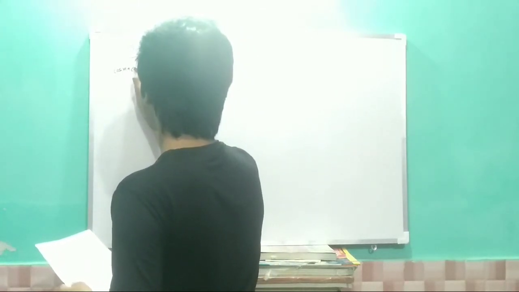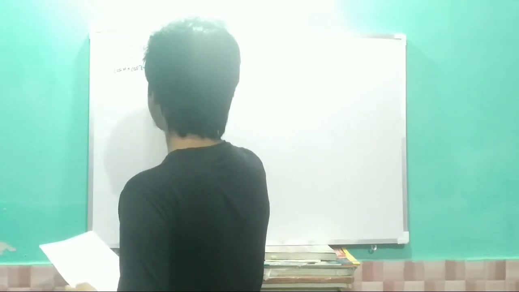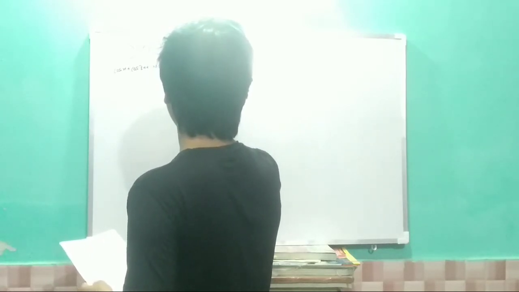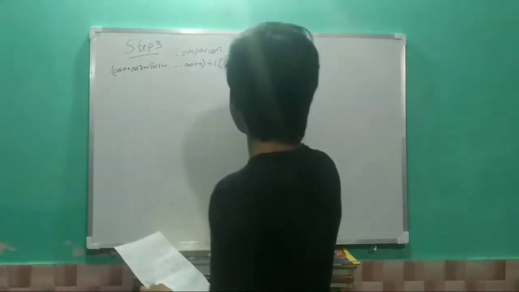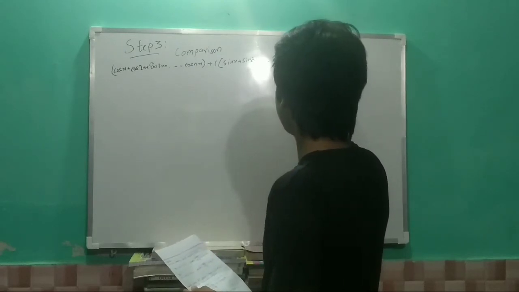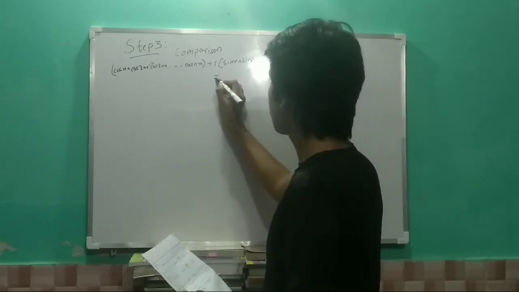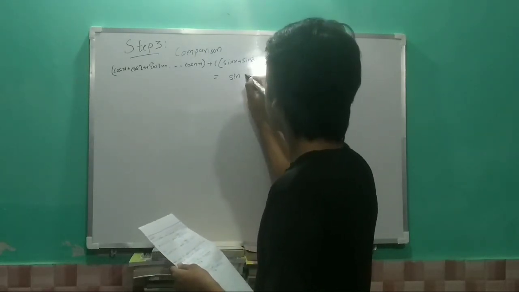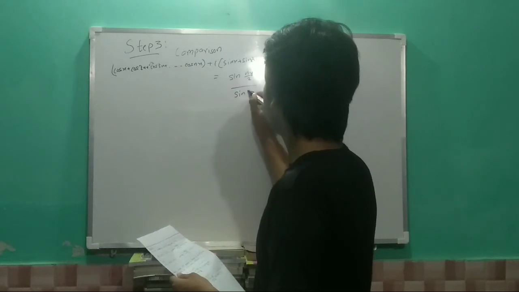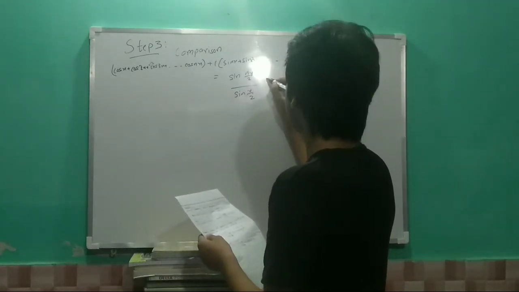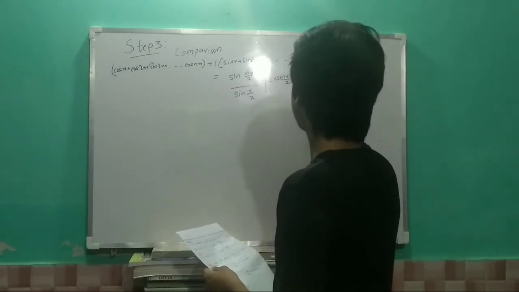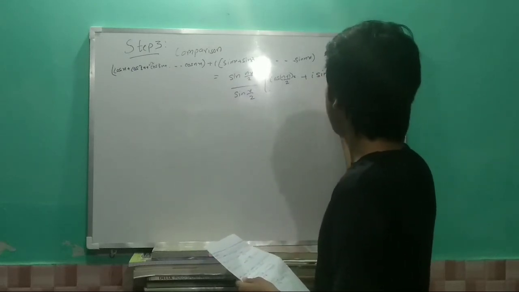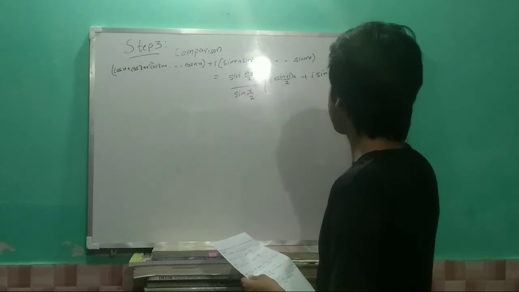cos x plus cos 2x plus cos 3x plus ... plus cos nx, plus I (sin x plus sin 2x plus ... sin nx), is equal to sin nx by 2 over sin x by 2 into cos (n plus 1) x by 2 plus I sin (n plus 1) by 2 x.